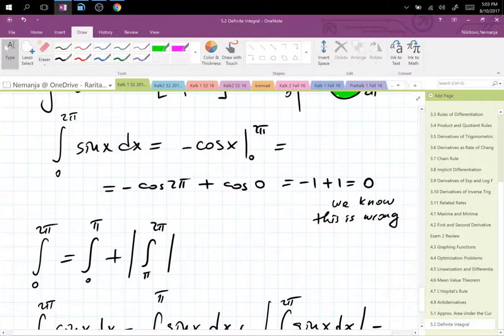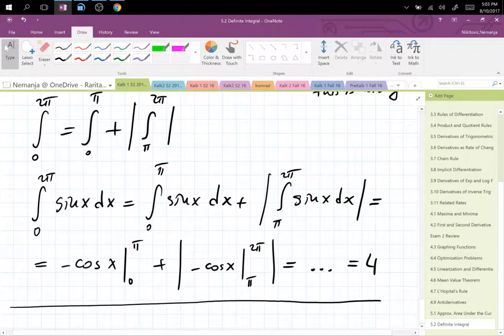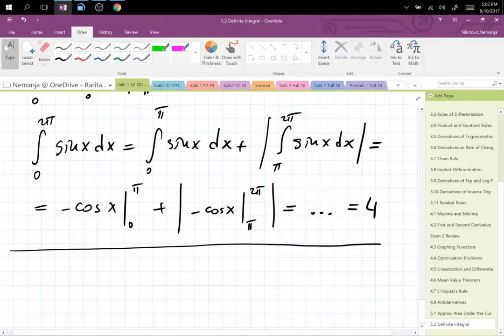That should turn into 2, and then you have another one, so 2 plus 2 should be 4. Cosine of pi, oh yes, it is 2, you're right. The answer is 2. You're right.